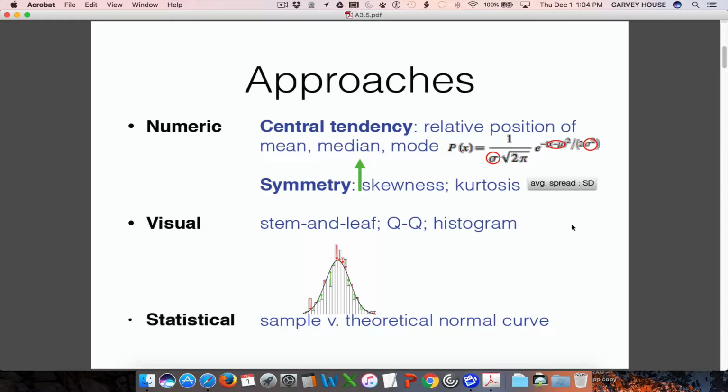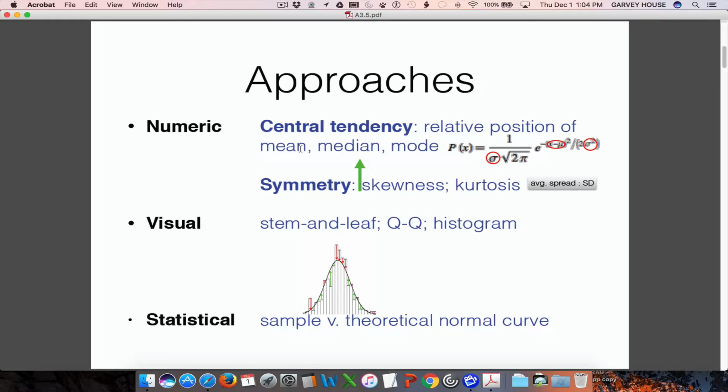So if the mean is not a good representation of the central tendency of that distribution, then this formula for the normal curve will not fit the distribution, and therefore inferences that you make as a result of a statistical test may not be an accurate reflection of what's going on in the population.